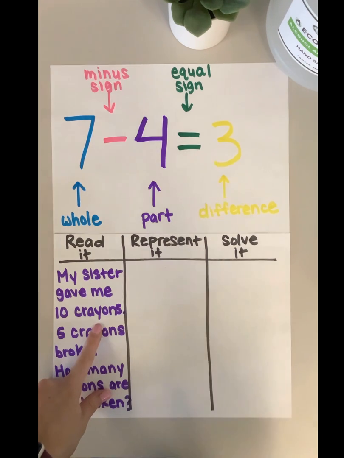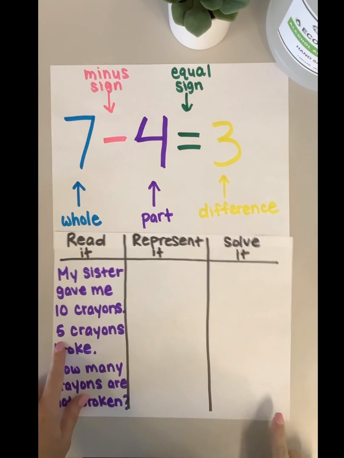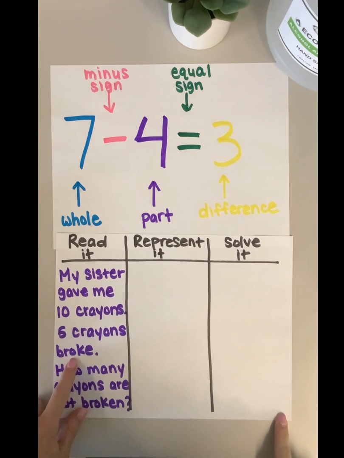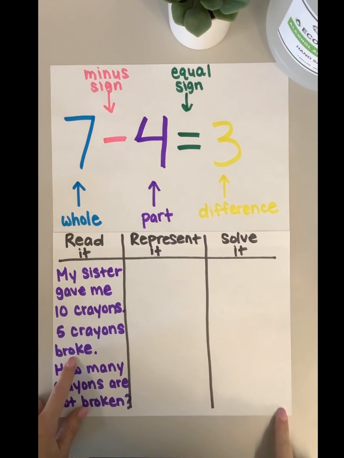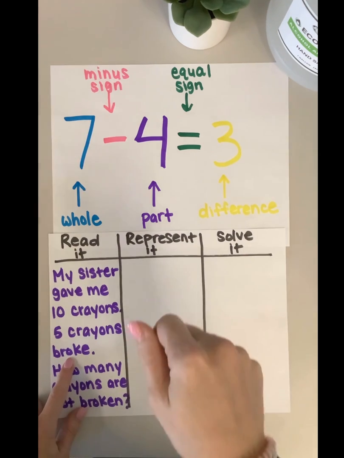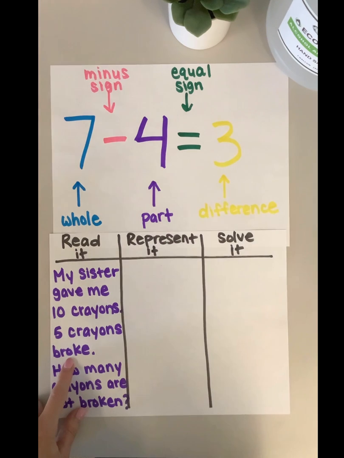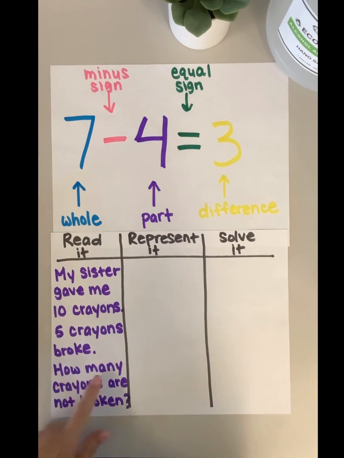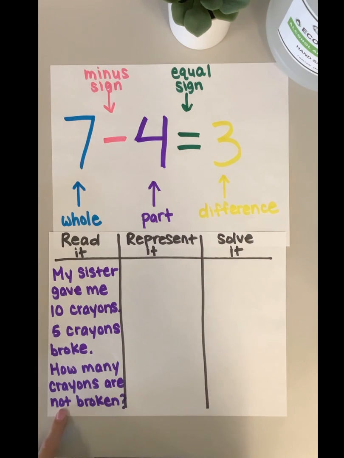Ooh, is anyone else making that visual in their head right now of 10 crayons? 5 crayons broke. Oh man, I do not like when my crayons break. Does anyone else have crayons that maybe they've accidentally pushed too hard on and they break? So I can have a visual of 5 of these crayons breaking. How many crayons are not broken?